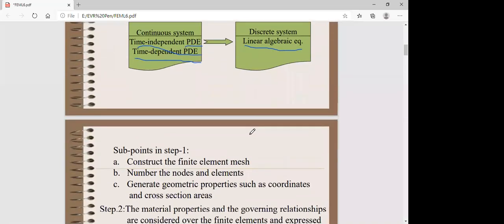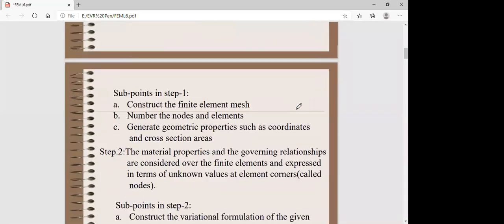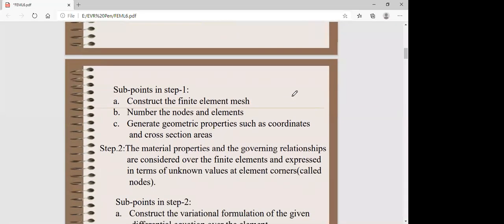What are the subpoints in step 1? In step 1, first we construct the finite element mesh. Whatever physical system we have taken is discretized into finite elements. All the elements of this system together are called the mesh.